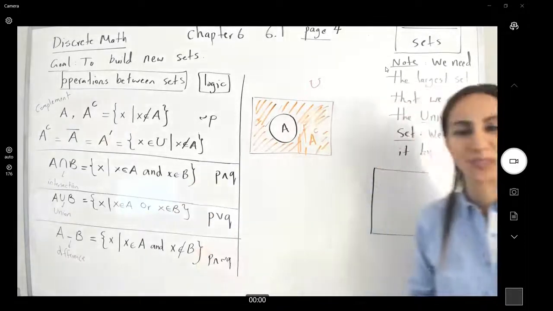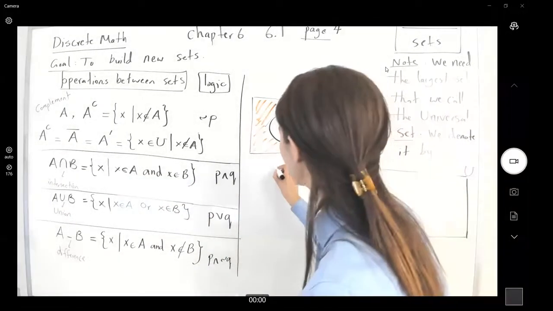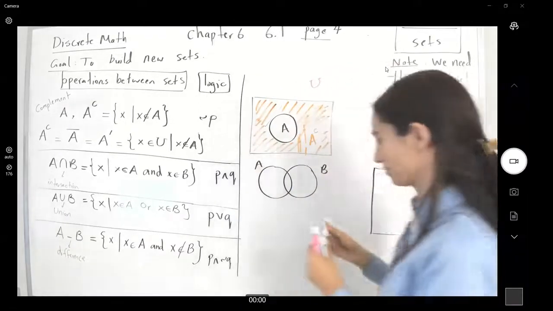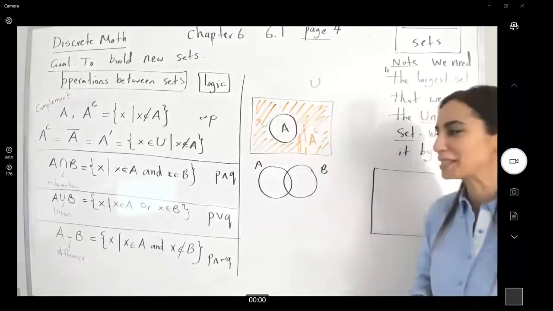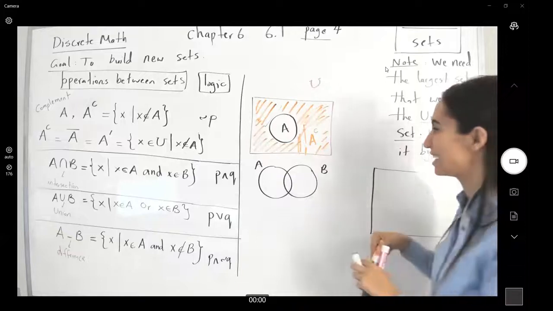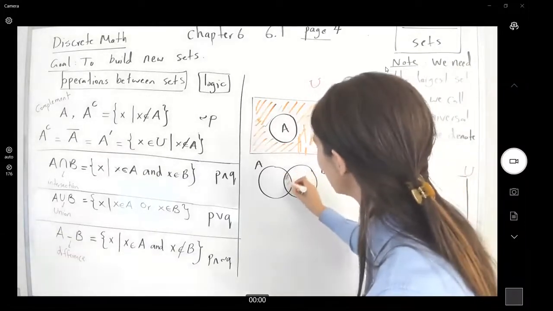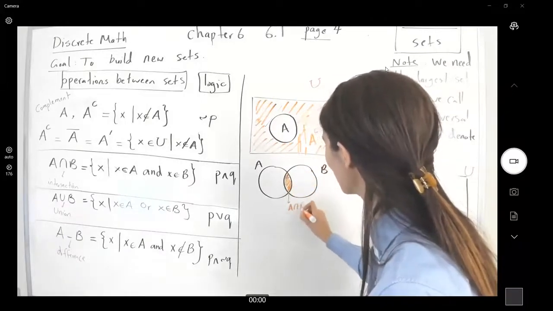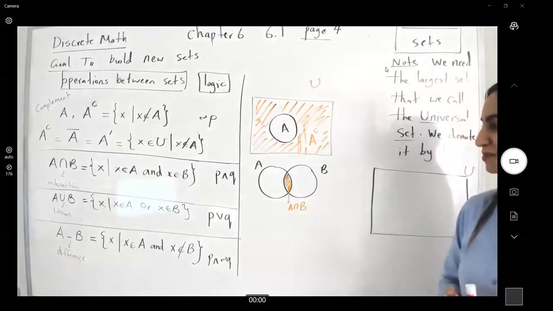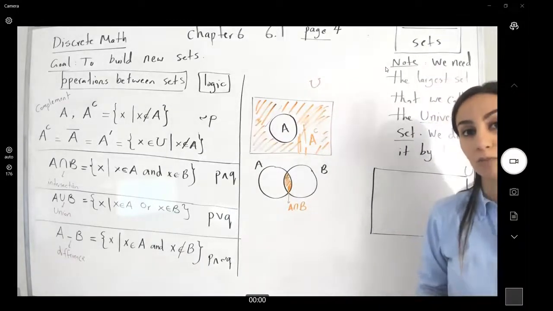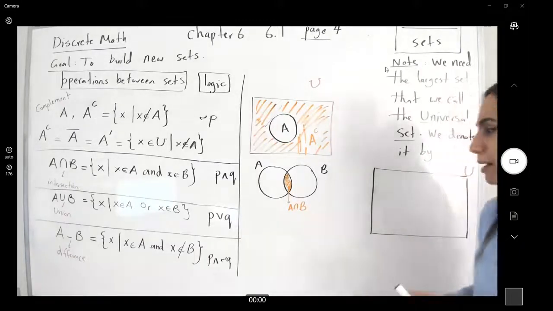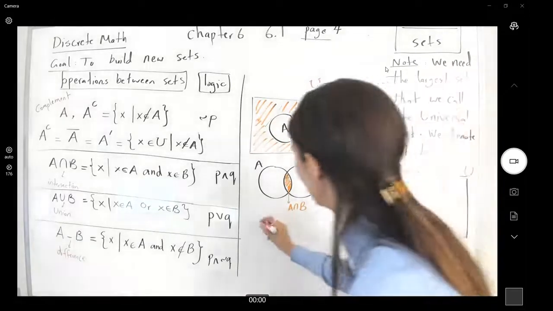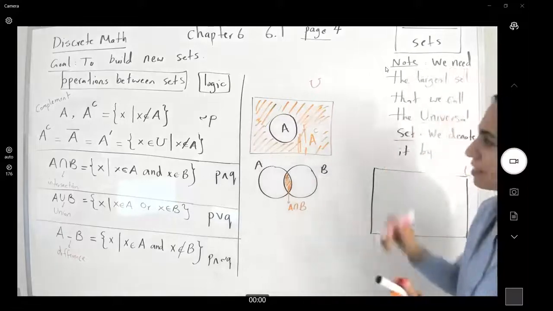What about the intersection between two sets? Suppose you have set A and set B. The intersection between them, or all the common elements, is going to be located here in the shaded area. So this is A intersection B. What if you're talking about the union between two sets? The universal set can be there, it cannot be there, that's absolutely fine.